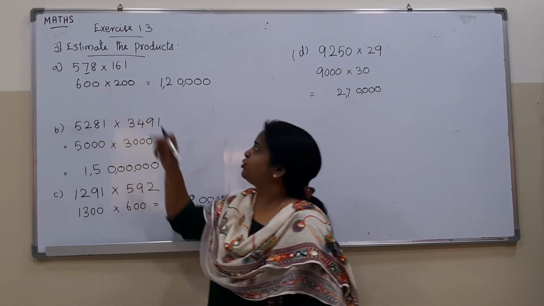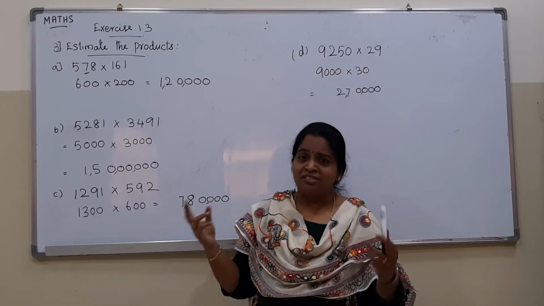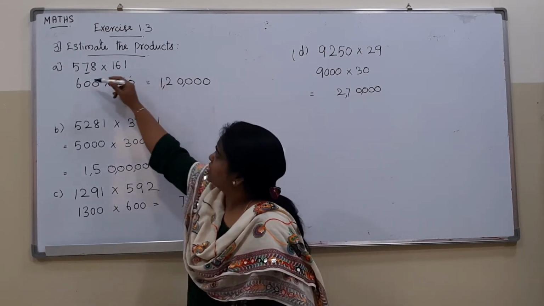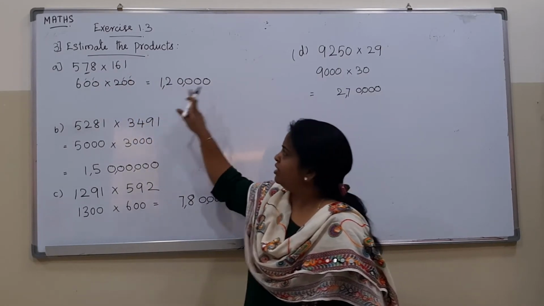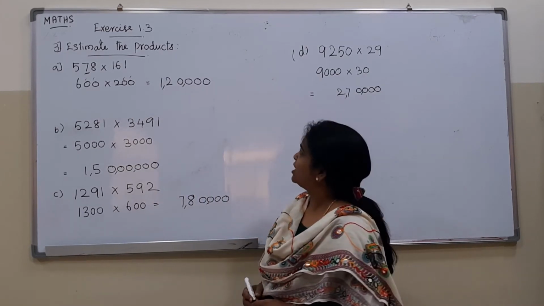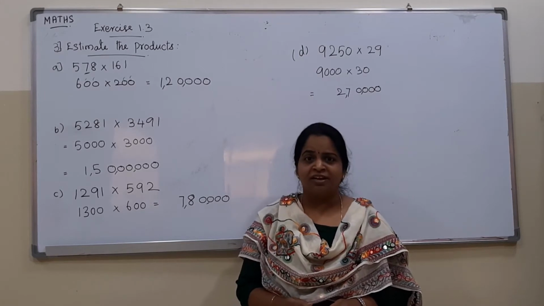Okay. 600 into 200 is how much? When you are multiplying with zeros, what you have to do? Here 2 zeros are there. 2 zeros. So write 4 zeros here. Then 6 2s are 12. Okay, what is the answer you got? 1,20,000. You got it, children?